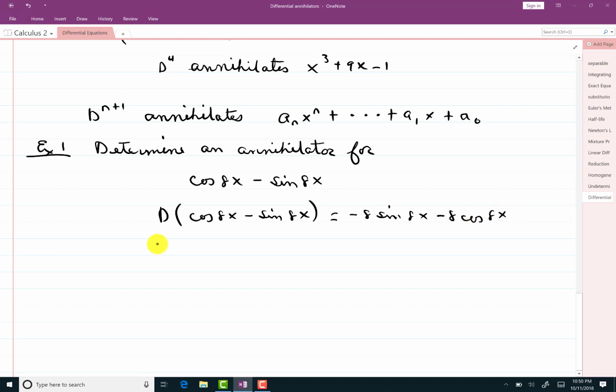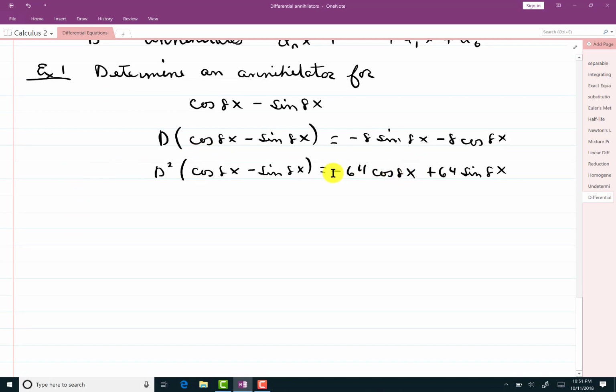Now I'm going to do the second derivative essentially of that same thing. That means I will apply it to this right side, and then sine will turn into cosine. I'll get negative 64 cosine of 8x, and over here I'll get plus 64 sine of 8x.